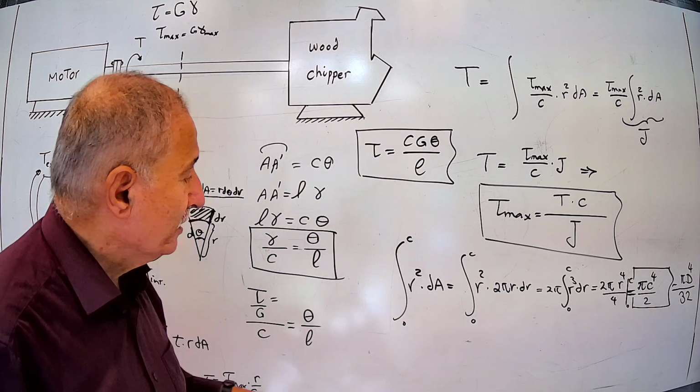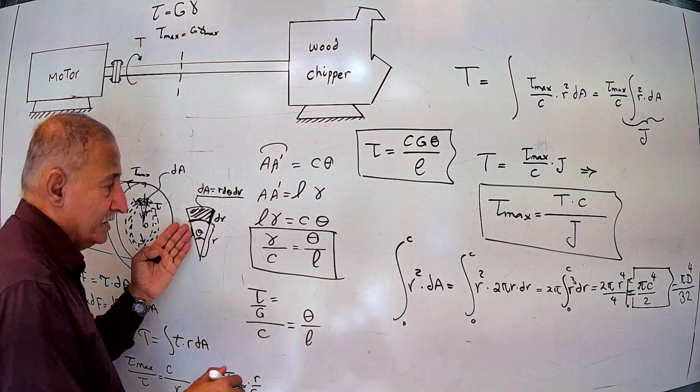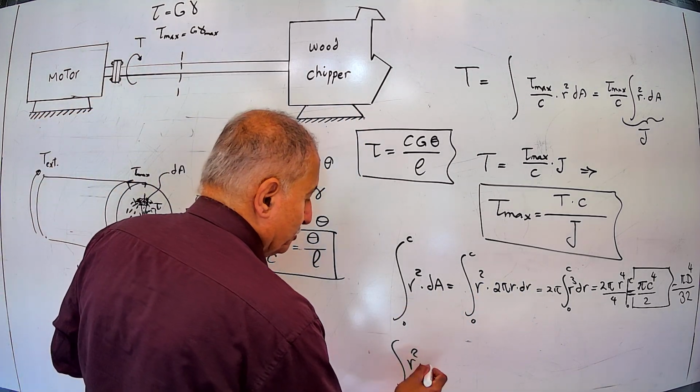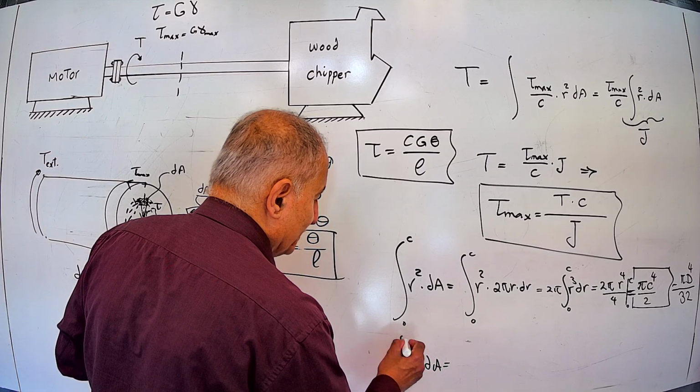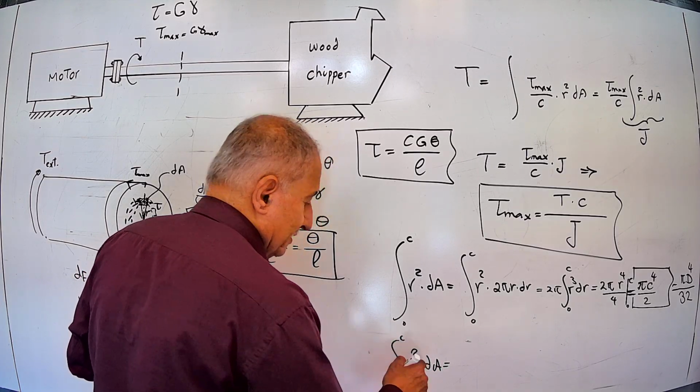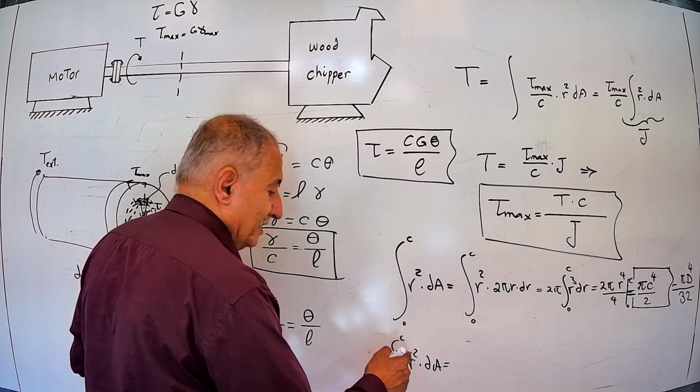That's the J. If you use this other form of integration, r squared dA, the variables here are r and theta.